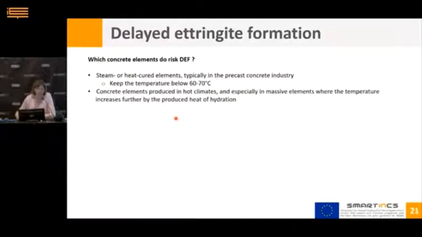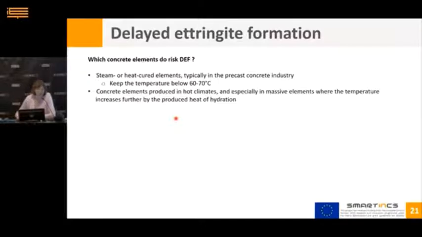I think everyone can agree that in the precast concrete industry, where you have steam or heat cured elements, you have the higher temperatures. So it's better to keep it below 60-70 degrees in order to avoid this degradation mechanism.